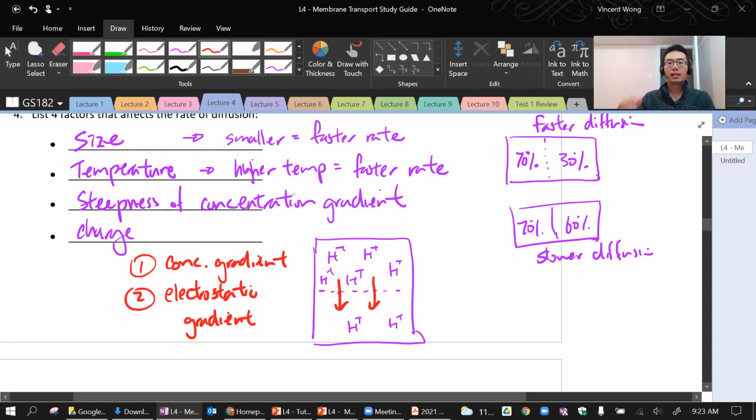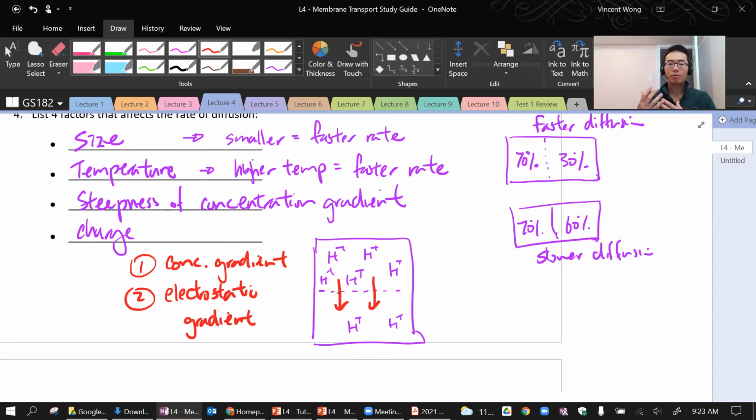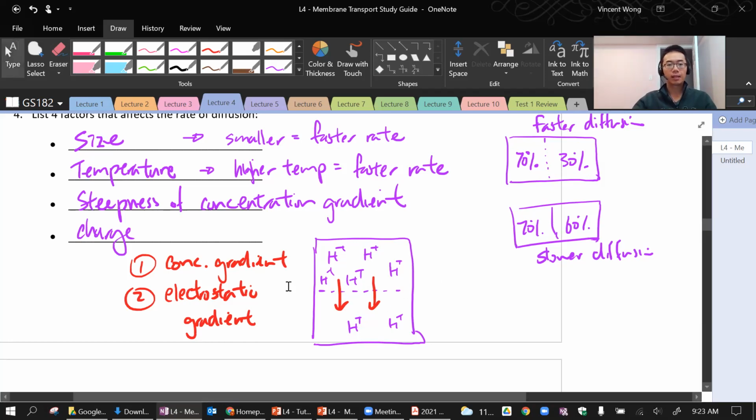So eventually, the electrostatic gradient would slow down. Okay, because now all the positive that went to the other side is going to try to push back up, right? So eventually you will reach what we call an equilibrium, where the two sides are equal, and then the movement would stop, and no changes would occur afterwards.